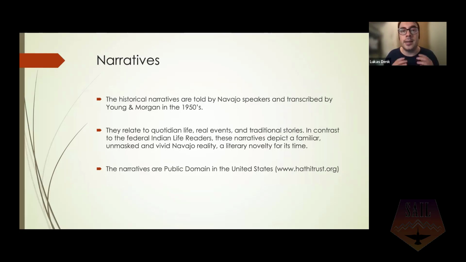Back in the day, the Indian life readers were distributed across many reservations and just resembled the white culture. But these narratives represent a novelty because they depict life how it really was. So it also has a historical value.